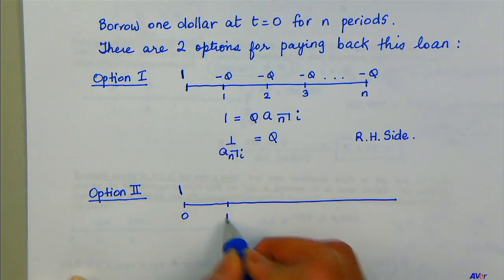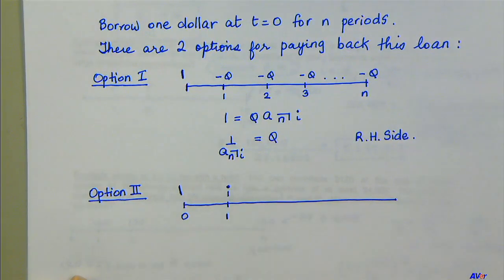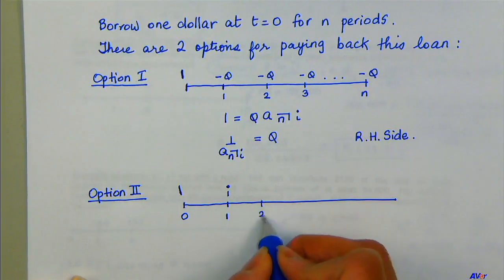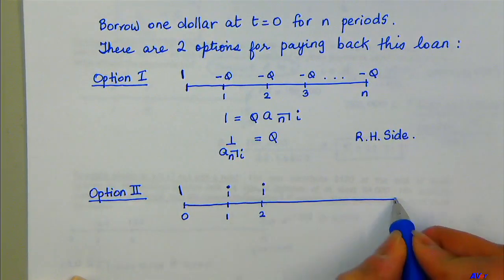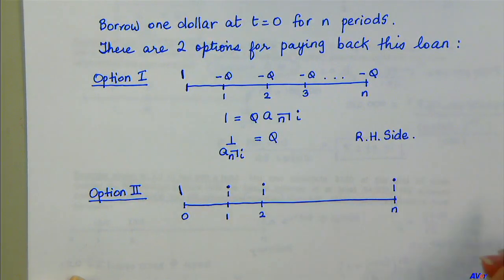At time 1, I'm going to pay back only the interest on that 1. At time 2, pay back only i. At time n, pay back only i. So you are keeping the lender satisfied by paying him the interest every year, but you're keeping the principal. And you will pay back that principal at time n.